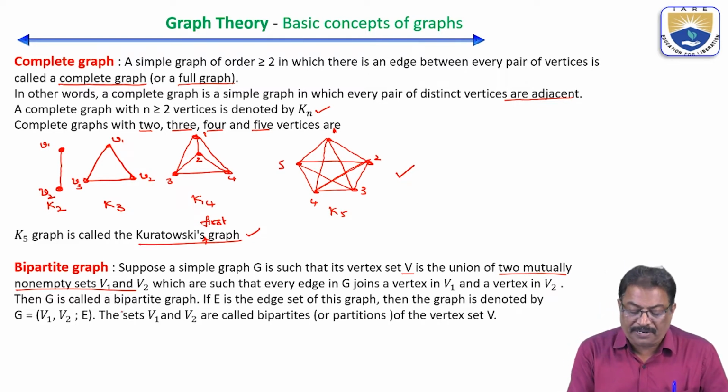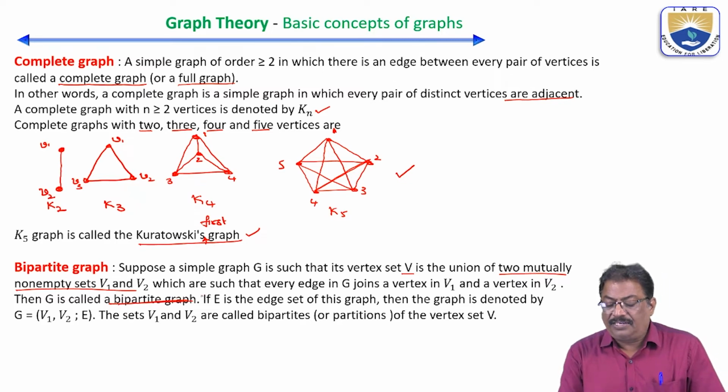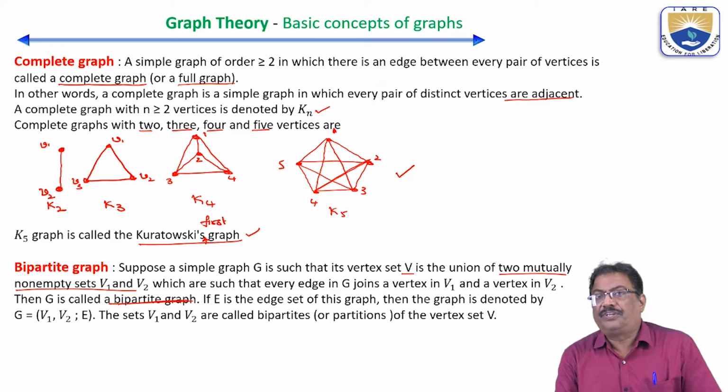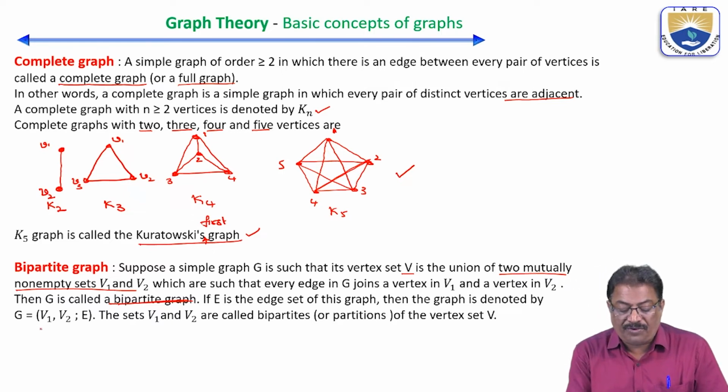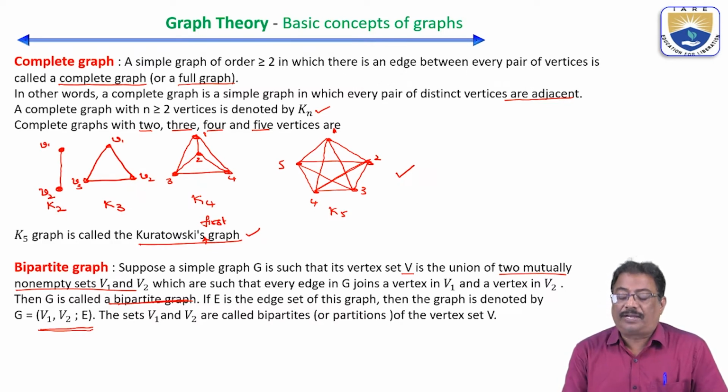Such a graph is called a bipartite graph. If E is the edge set of this graph, then the graph is denoted by V1, V2 and edge set E. Here V1 and V2 are called bipartite of the vertex set V.